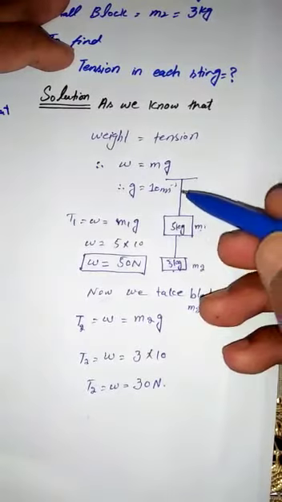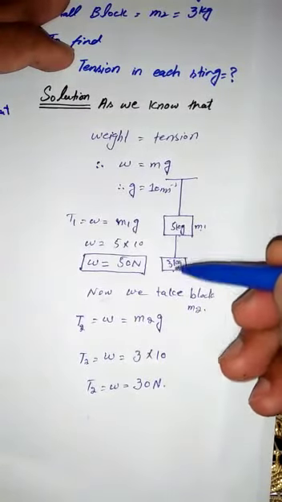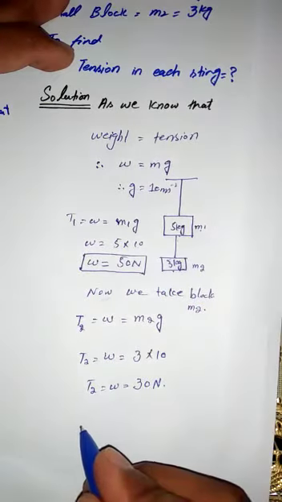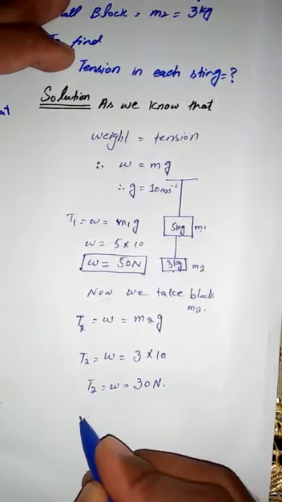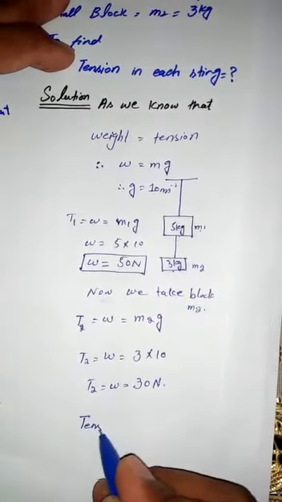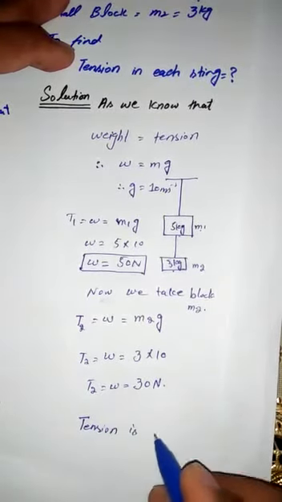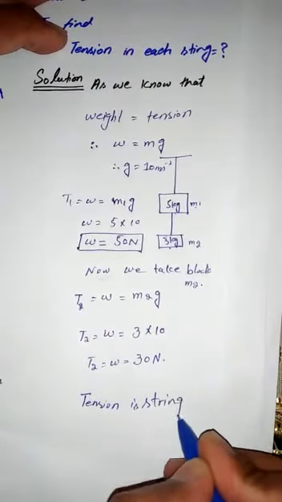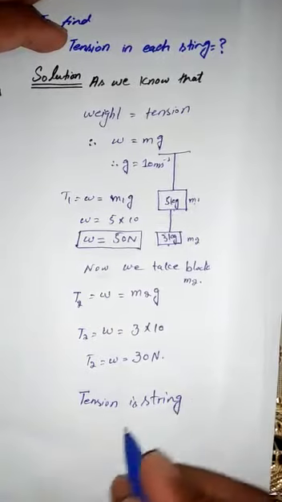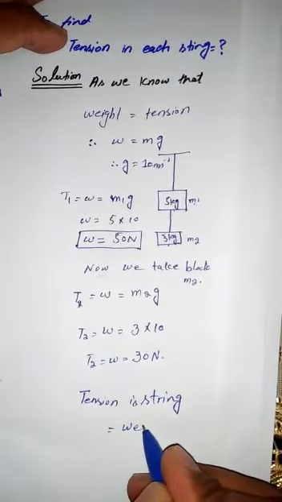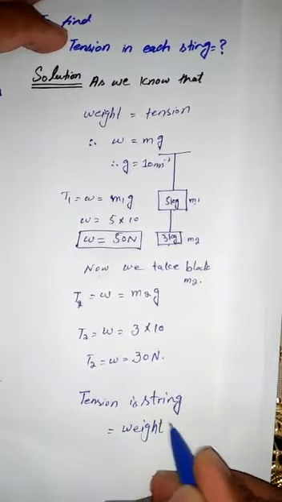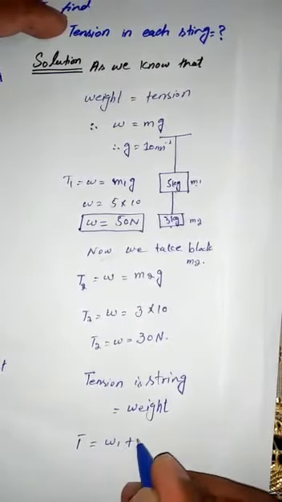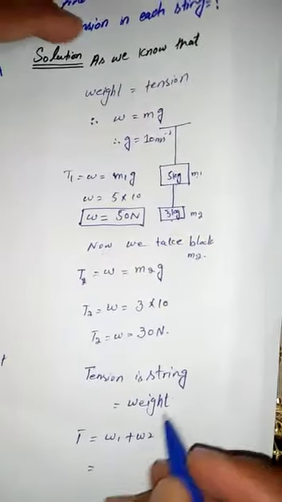Each string means there is a single string. The total tension will be equal to the total weight. Now we can solve this. Tension in the string is equal to weight W1 plus W2.